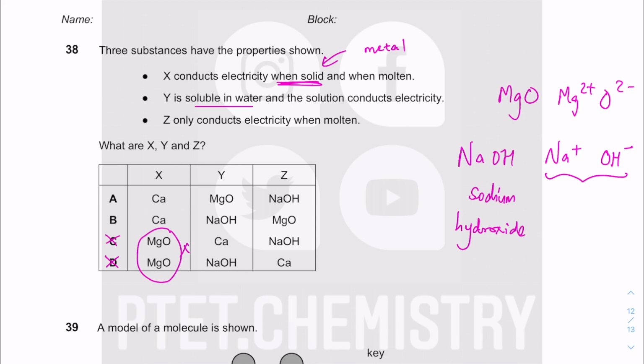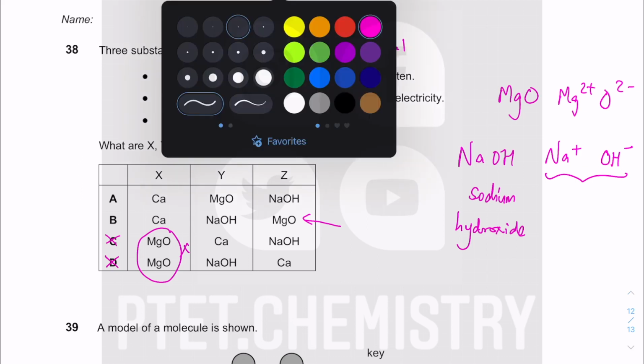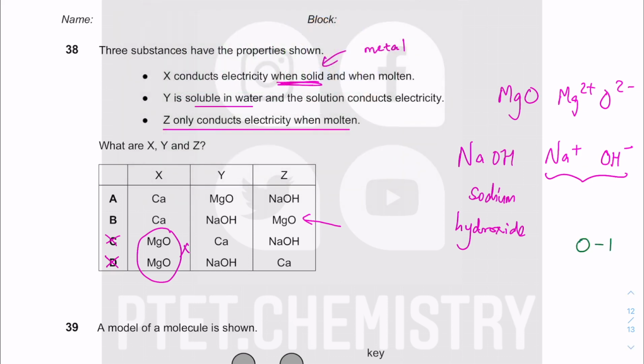Y is soluble in water and the solution conducts electricity. Z only conducts when molten. I would think of Z being MgO. Even though this one is ionic between the two, if you think about it, this is water.